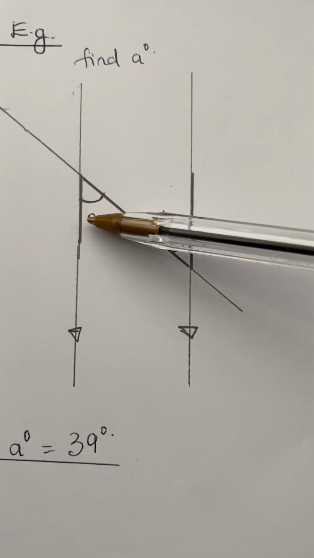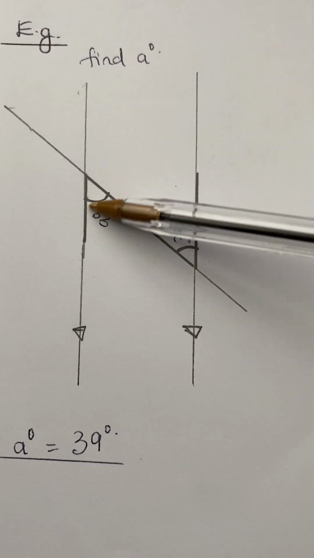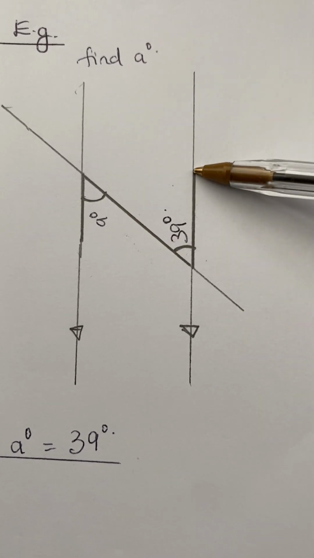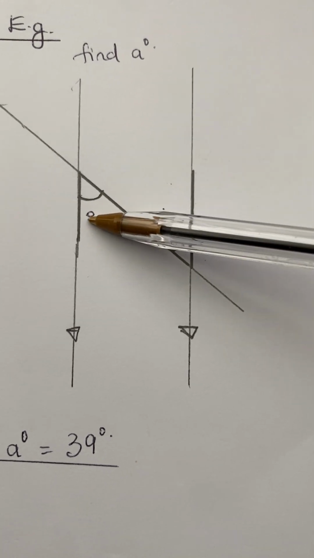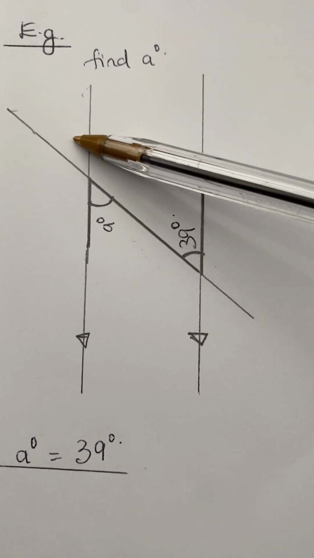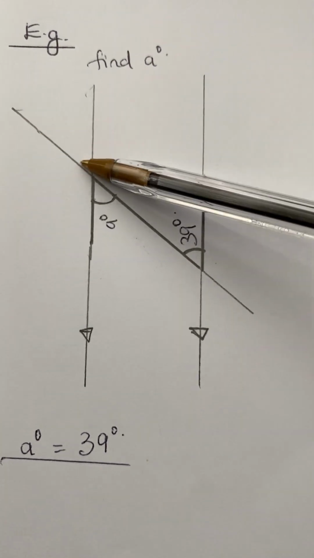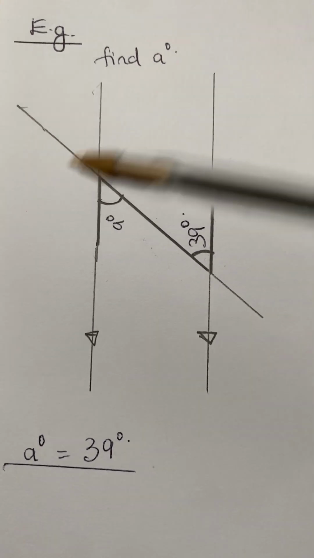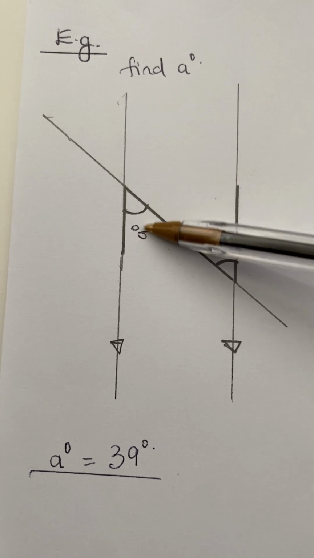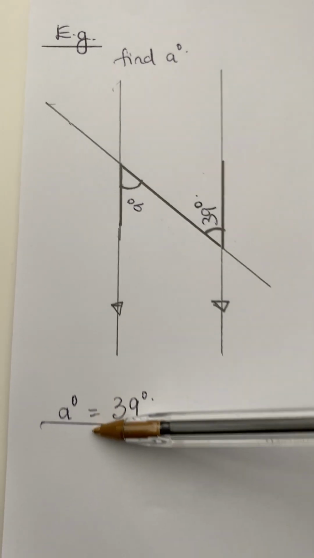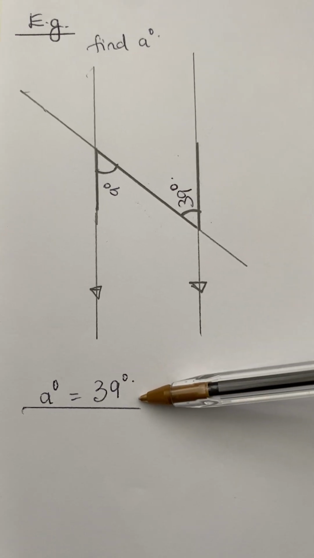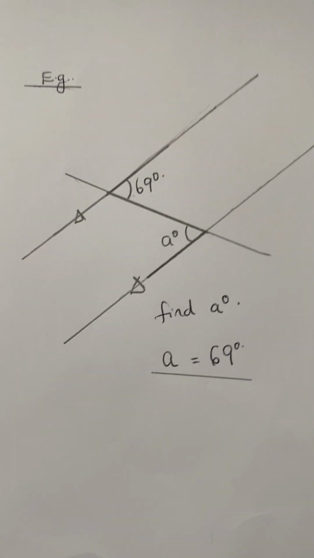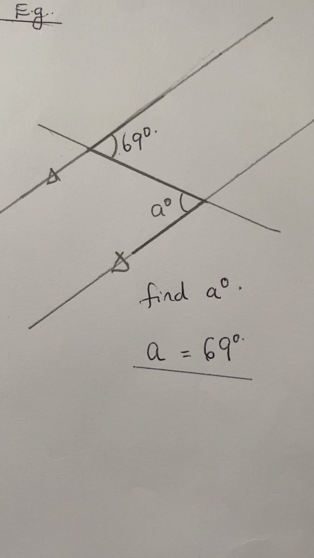If this is my alternate angle on my Z, and this is 39, then that will be 39. This will also be 39 from what we learned yesterday. But today we are just finding this angle. So A equals 39 degrees.